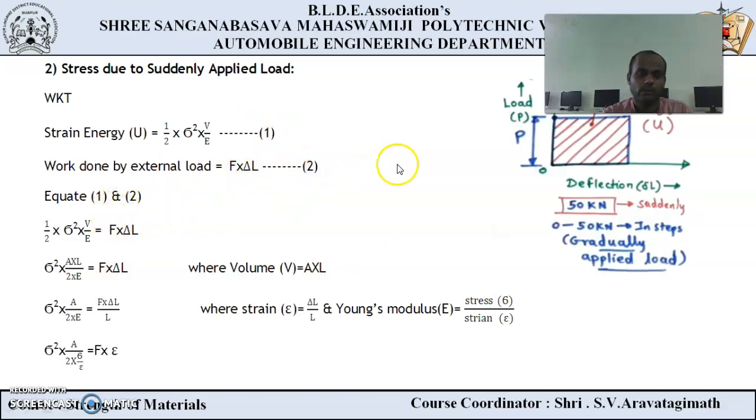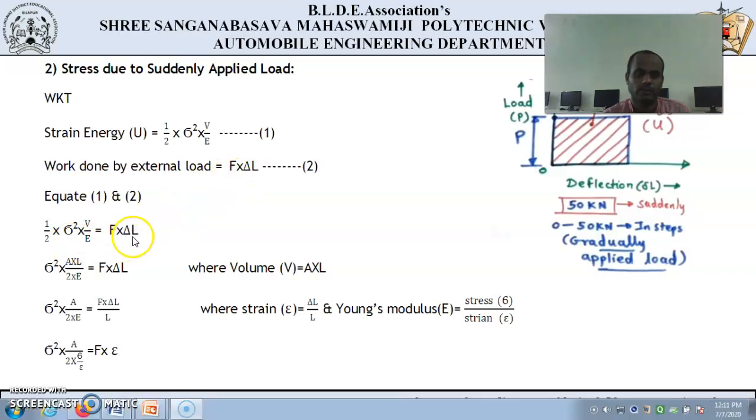So by equating 1 and 2, equation 1 is sigma square V by 2E and F into delta L. Sigma square V means A into L, divided by 2 into Young's modulus E, equals F into delta L. Here L comes to the denominator. So sigma square A by 2E equals F into delta L by L. Delta L by L is called strain, that is epsilon.